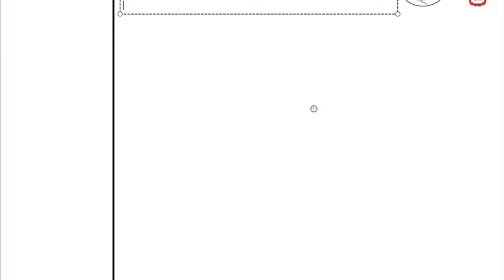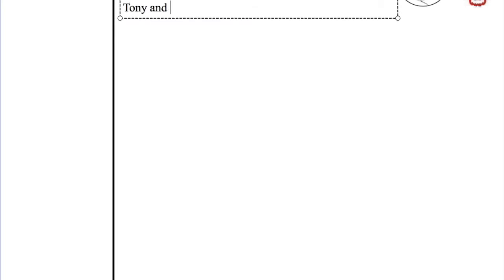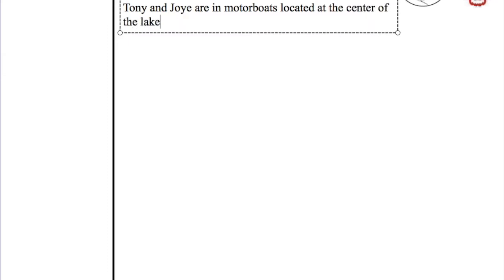All right, we'll say Tony and Joy. Sorry, you are now in the story. Tony and Joy are in motorboats located at the center of the lake.